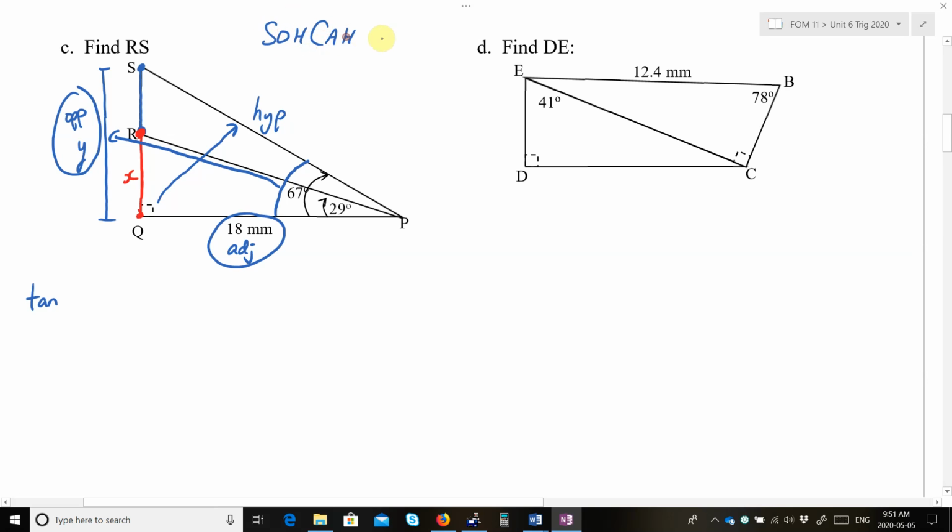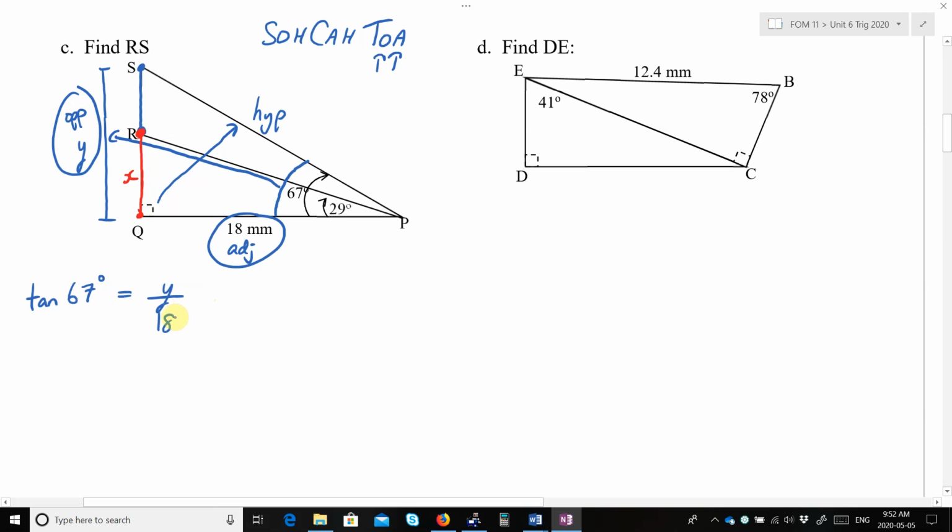Okay, so we're looking for opposite. We have adjacent, so it comes from tan. So tan of the angle, and it's actually showing that the whole angle is 67 degrees. So it's going to be tan of 67 degrees equals the opposite, y, over the adjacent, 18.